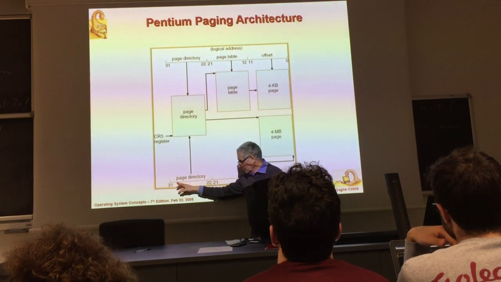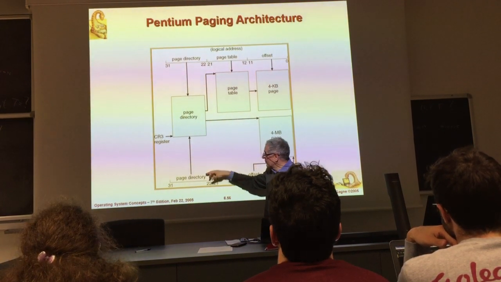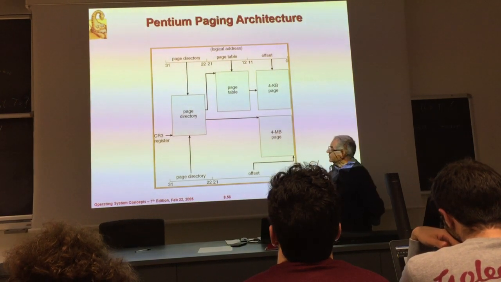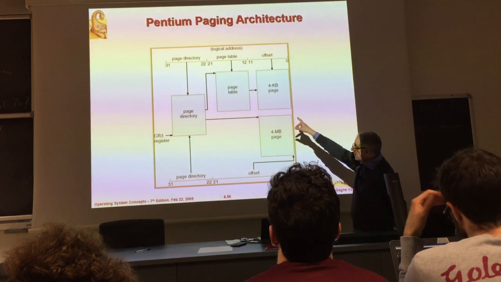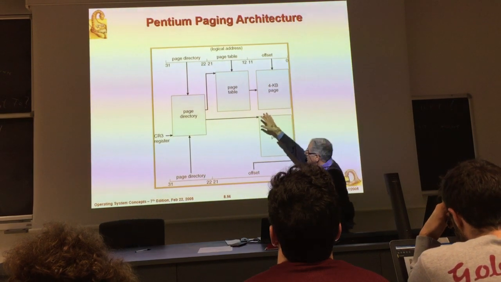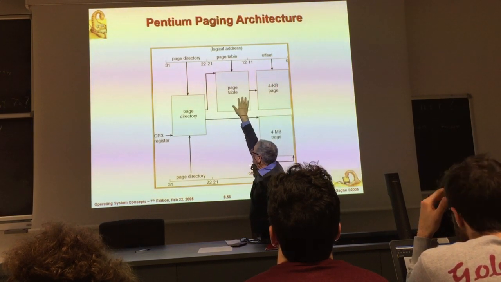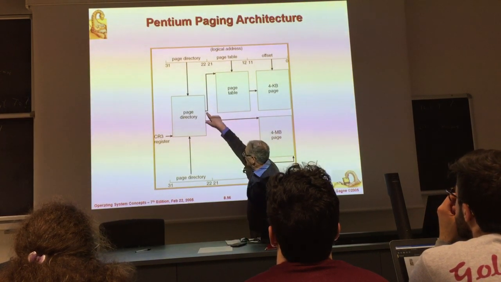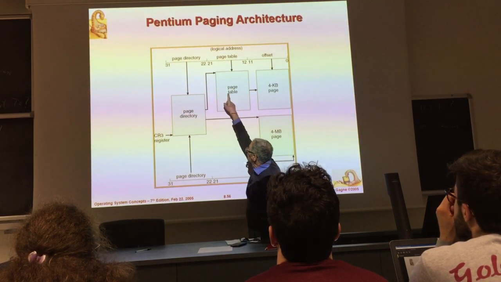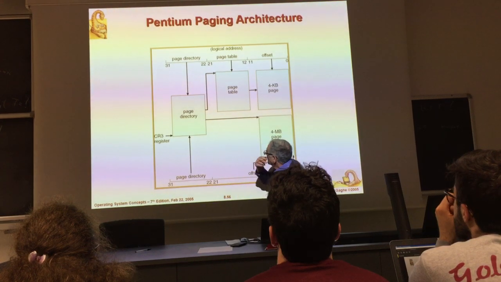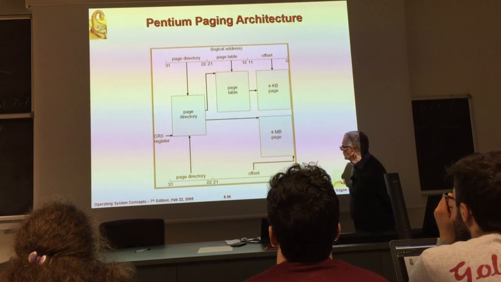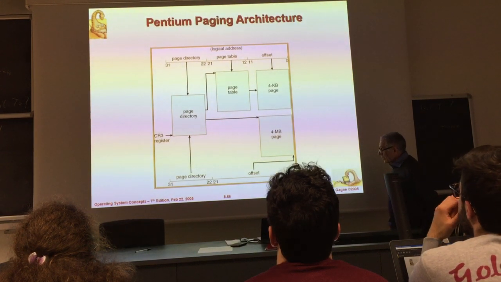Then we use the first 10 bits as an offset in the page directory, and the second 10 bits are the offset in the page table. Because of this offset we arrive here. From here we take the initial entry of the page table, and finally we go into the 4 kilobyte page.